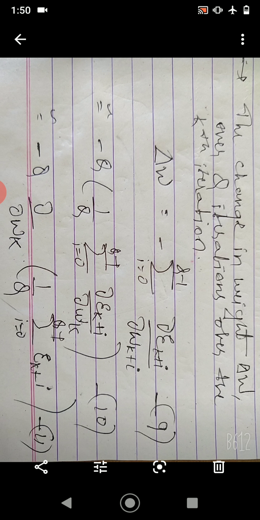So this is how your change in weight, which is nothing but delta W, is given by. That is, delta W is equal to minus the sum over i equal to 0 to Q minus 1 of del of E k plus i divided by del of W k plus i. So rearranging the terms, here we have multiplied and divided by Q. Then after that, in equation number 10, you have multiplied and divided by Q. Okay.